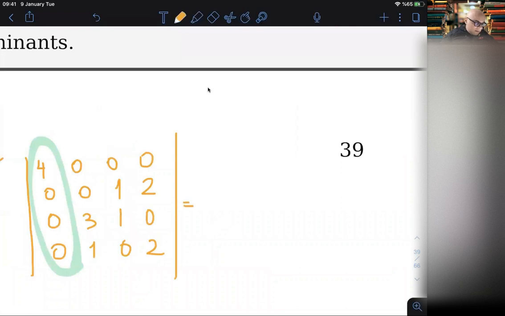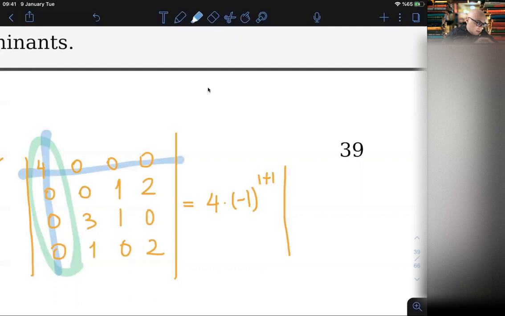So what does this give? This gives 4, because the first entry is 4. Then minus 1 to the power, the position of 4, which is 1, 1. And then I erase this and this. So in this case, I get this matrix.